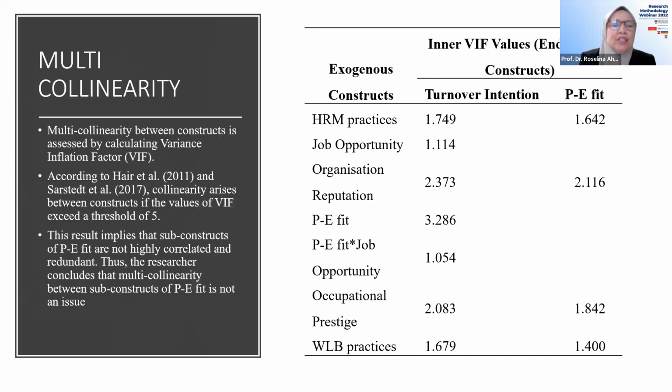Okay, and the multicollinearity is another one. That is looking into whether the constructs are excessively related. When we want to test multicollinearity, we use the VIF, the variance inflation factor, to see whether any collinearity arises between variable 1, variable 2, variable 3, variable 4, and so forth.